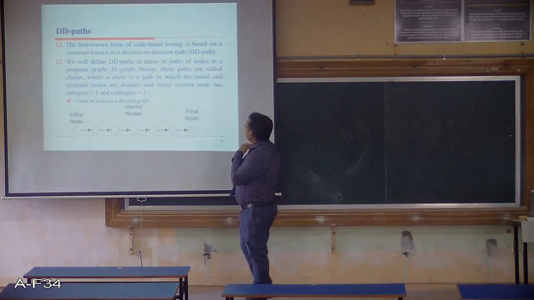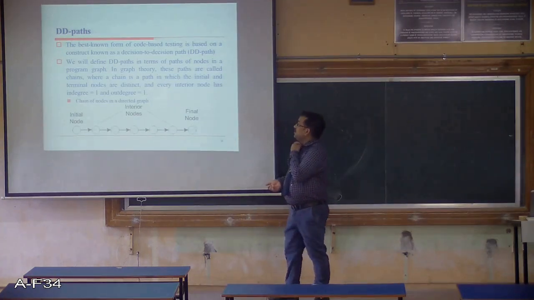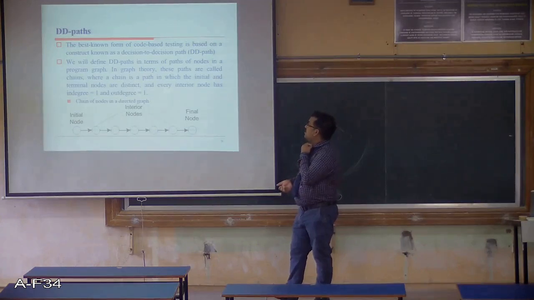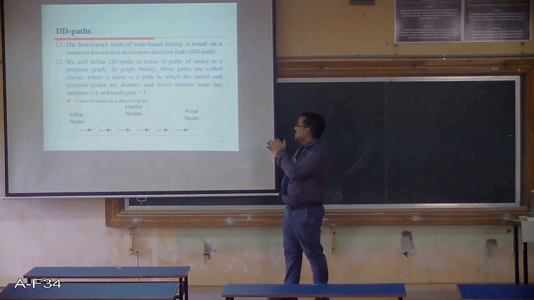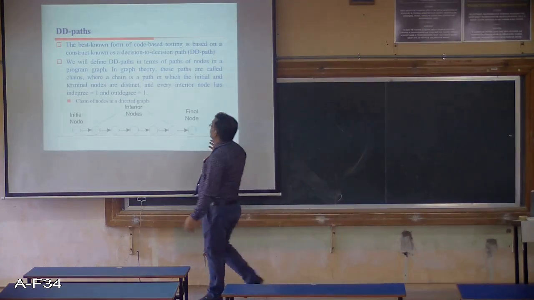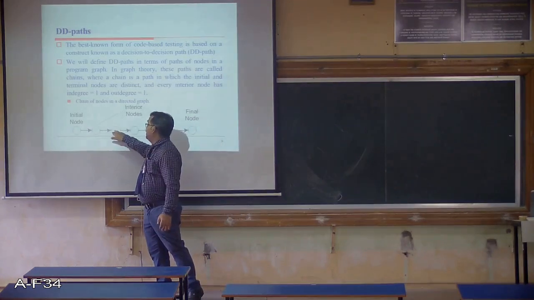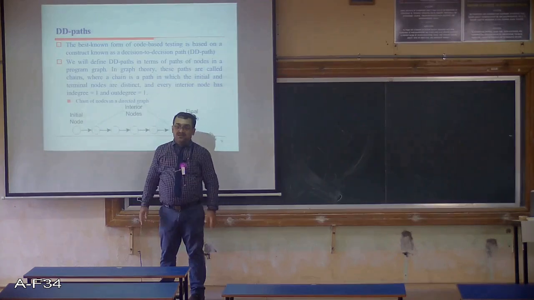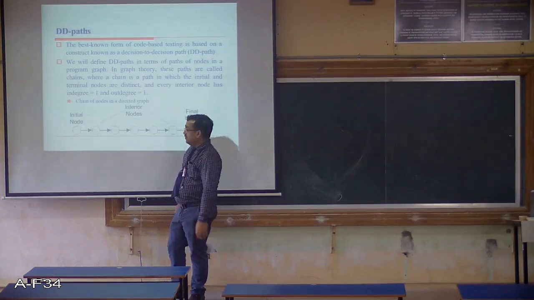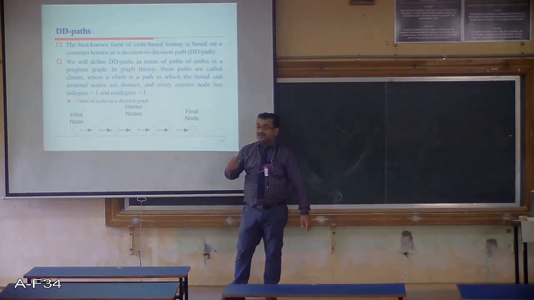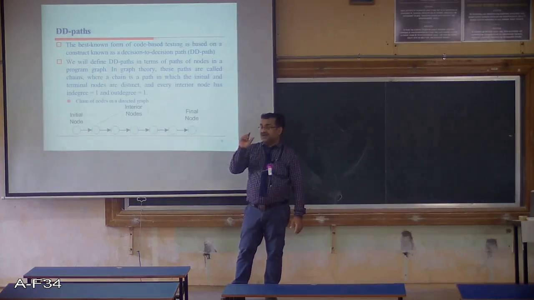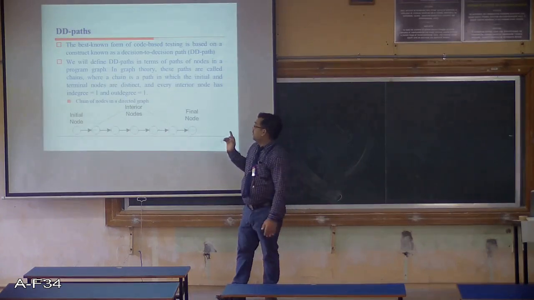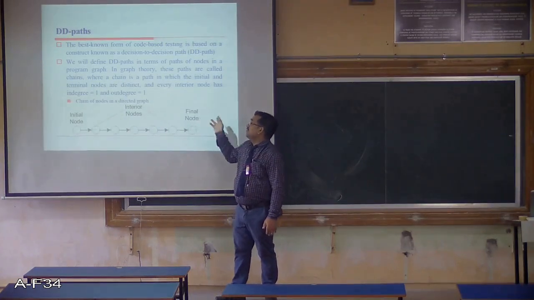Now a DD path is basically when we have some interior nodes, starting from the initial node to the end node, where the in degree and out degree are both 1; we can club them together. So the simplest DD path is one node having one input and one output, that is, in degree 1 equal to out degree 1.